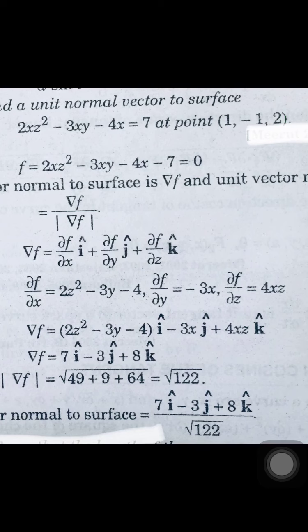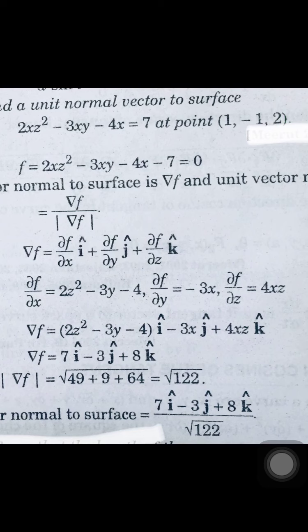So gradient f in terms of i j k at the point (1, minus 1, 2) becomes 7 i cap plus 3 j cap plus 8 k cap, by substituting the values x equals 1, y equals minus 1 and z equals 2.